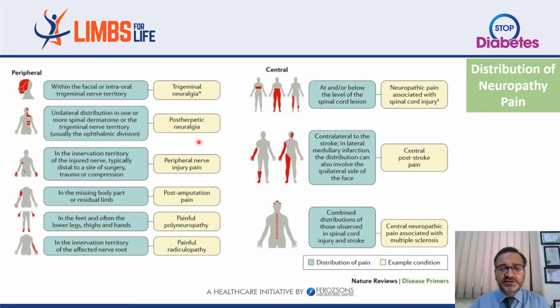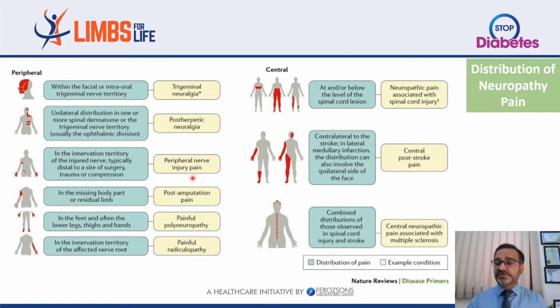Basically, it involves one or more dermatomes, and on the dermatome where it spreads, the vesicles appear, and they become very painful. This pain can last for weeks to months, and may go up to a year. It's an initially sharp pain, burning pain, and it's kind of unrelenting pain that the patient experiences. So if it's in the territory of the trigeminal, the area of the trigeminal nerve is involved.